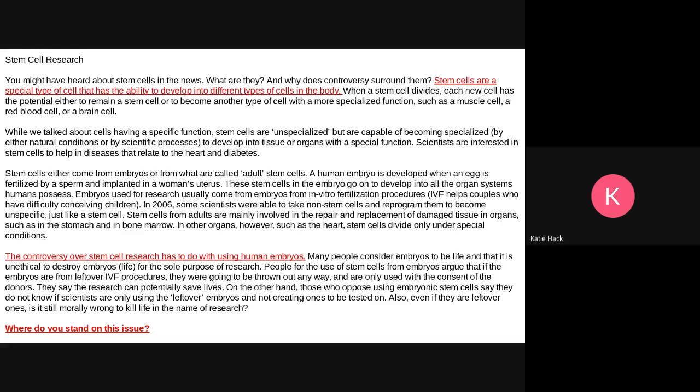Stem cell research is controversial. Because it uses human embryos.